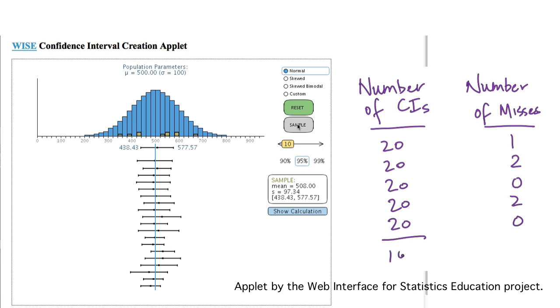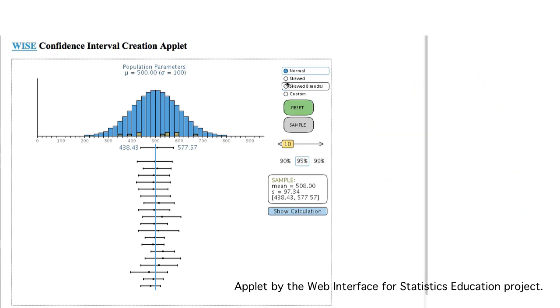We've just seen a total of 100 confidence intervals for the means for samples of size 10 from this distribution. And if we add up the misses, we missed 5 times, which is exactly what we'd expect for 95% confidence intervals. The t-distribution confidence interval for the mean works extremely well in terms of capturing the true mean as many times as it's supposed to, when the normal distribution is the actual distribution of the data. So let's see what happens with another distribution.